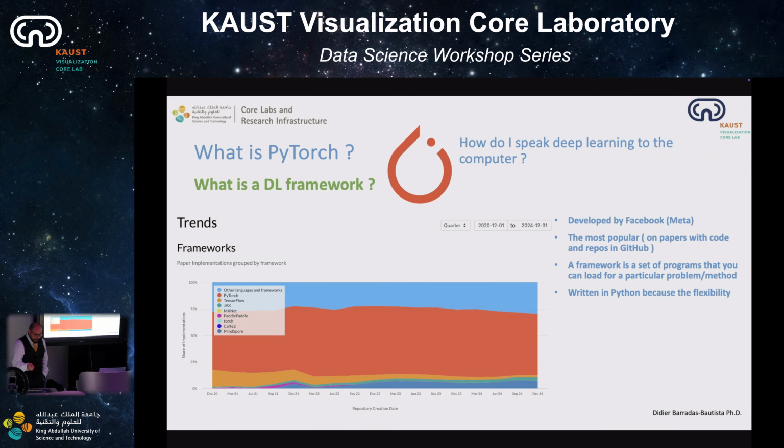So I was just asked this question: why PyTorch, right? What's the deal? In this graph, you can see that PyTorch, which is the big red thing, is very popular among all the papers that actually give the code back. On this graph, you can also see a bunch of other frameworks that people used. For example, a really long time ago, Caffe2 was part of the frameworks that people used to code deep learning.